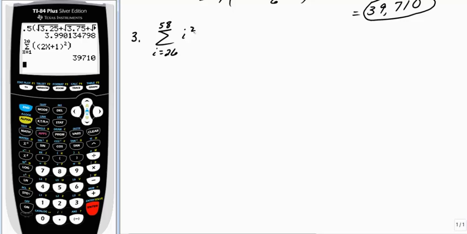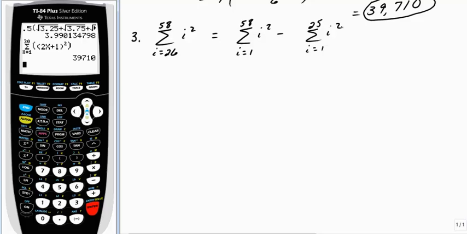Well, fortunately we have formulas to help out, but those formulas for summations that we have start at 1. So we can say, well, all we have to do is break this up into two separate summations. It's the sum of all numbers from 1 to 58 of i squared, but we know that that will be too much. We need to subtract off the summation from i equals 1 all the way to the last number that we don't want, which is 25.